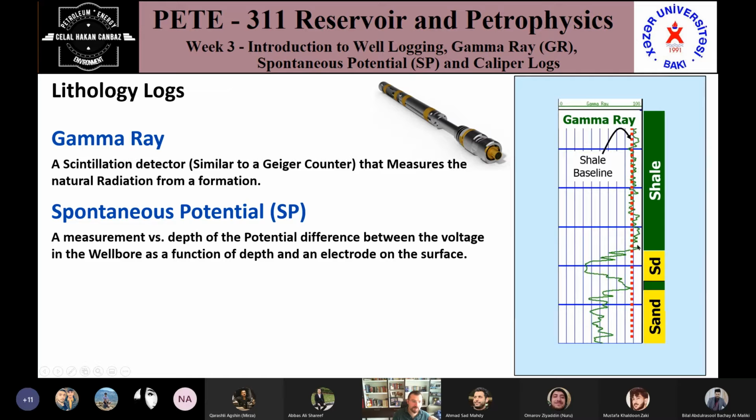When it shows some signal differences down to a lower level, 40s, for example, 30, 40, even 50, you can say, yes, it's sandstone. I am in the sandstone formation. You can see the signal differences directly, right? You can understand it clearly.